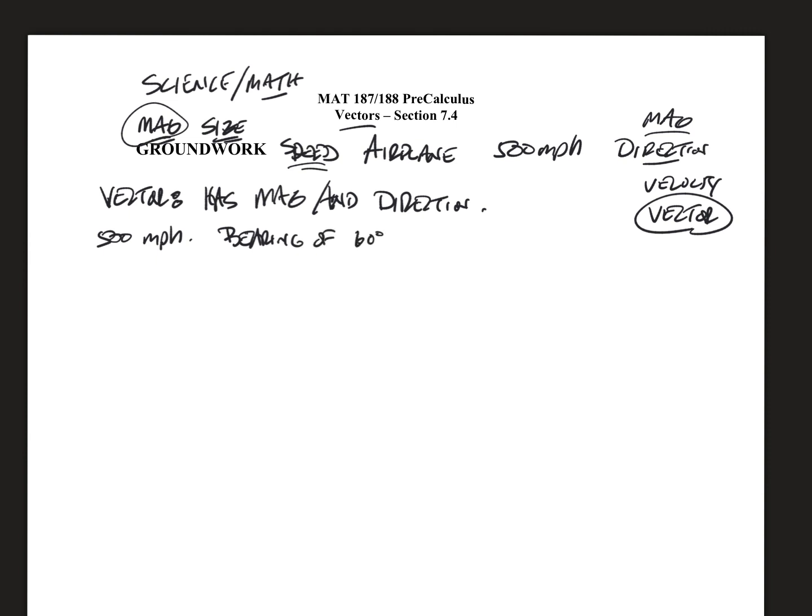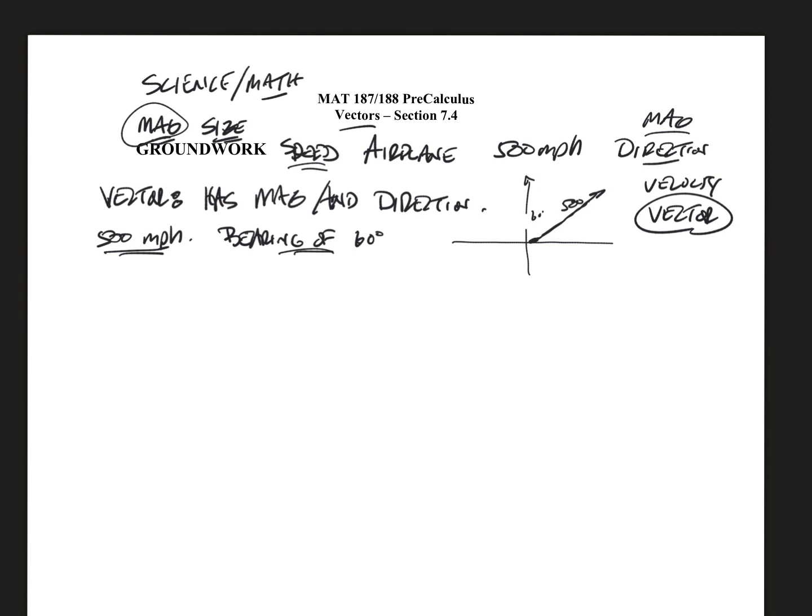Now what I have is both how fast I'm going, speed, magnitude, and the direction. And so I can even draw a picture now. When I draw this picture, we know that our bearing is 60 degrees from north. So there would be my 60 degrees, and I'm traveling at 500 miles per hour.